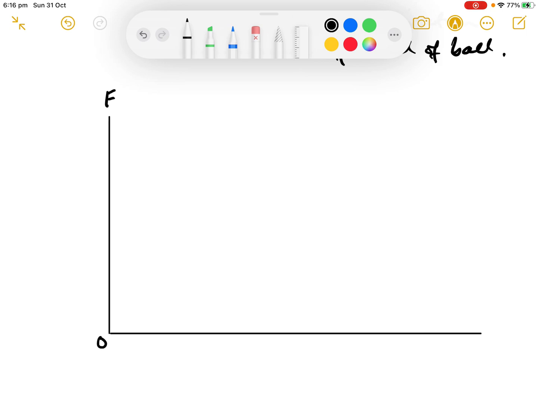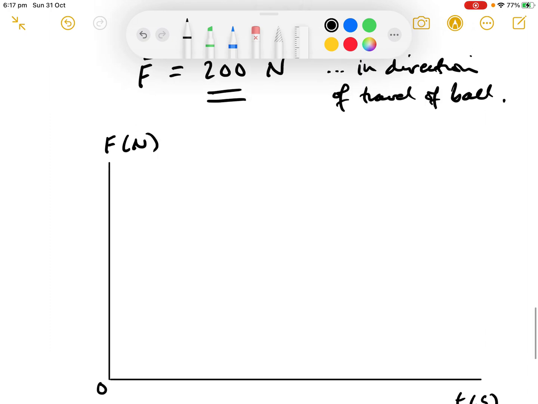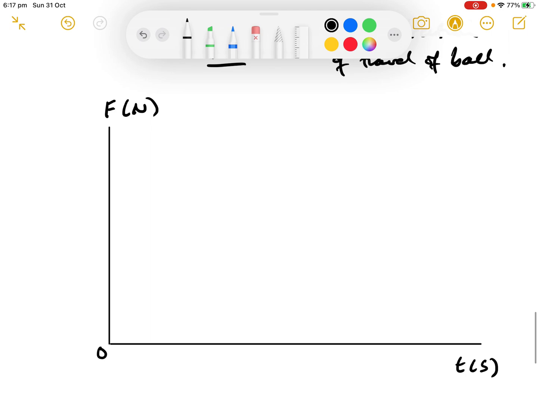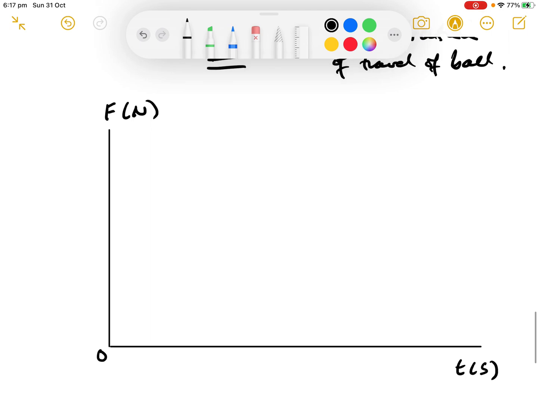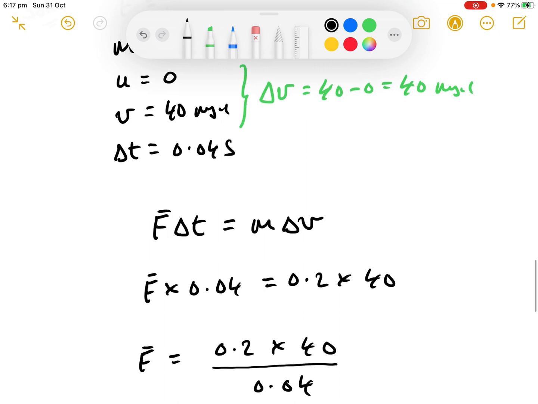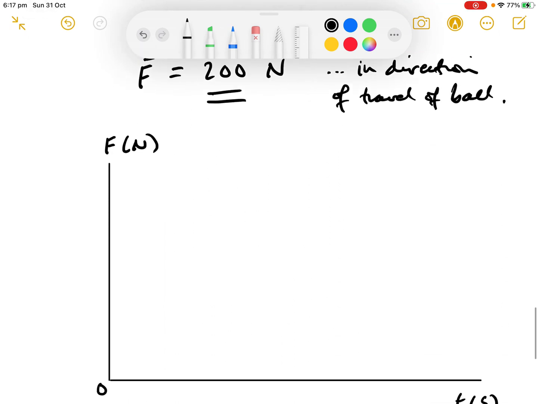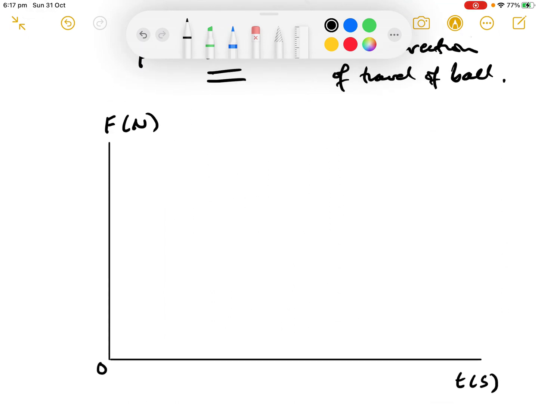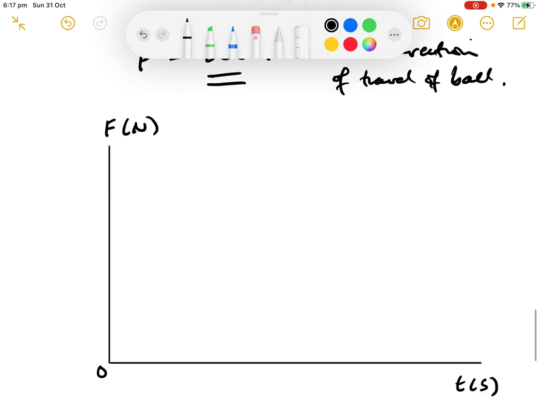So we're going to plot force in newtons there and time in seconds there. I'm plotting my time in seconds. Be on the lookout for impulse problems where the time might be in milliseconds. I could have plotted it in milliseconds, it would be 40 milliseconds. Just be on the lookout for that.